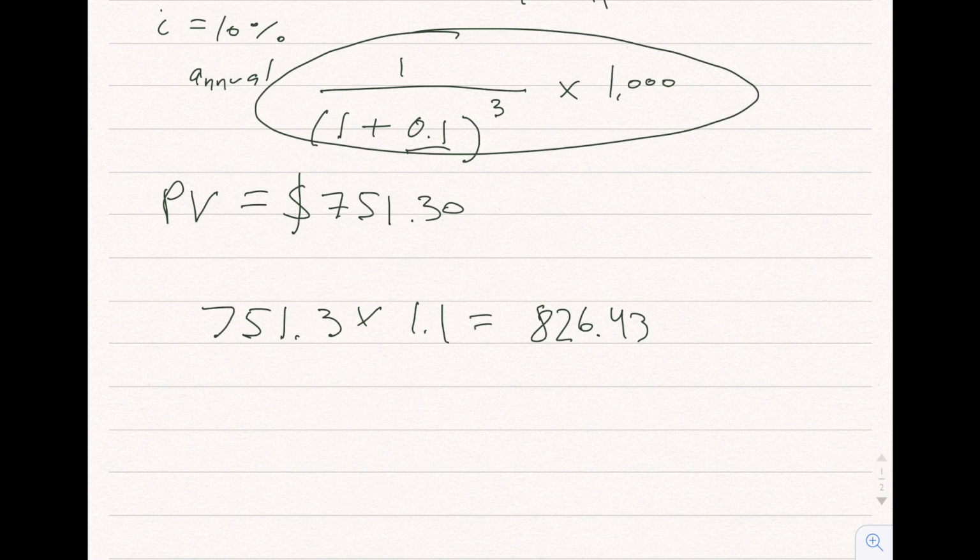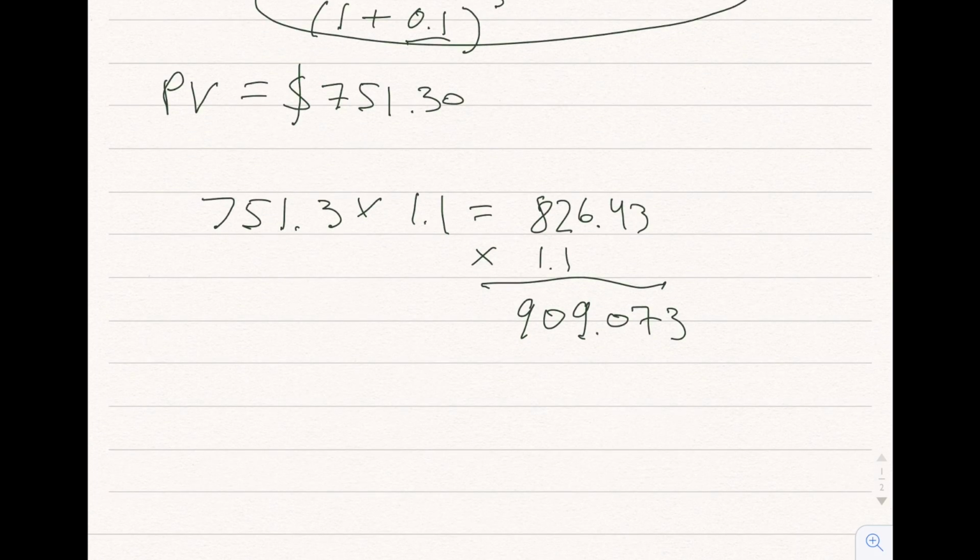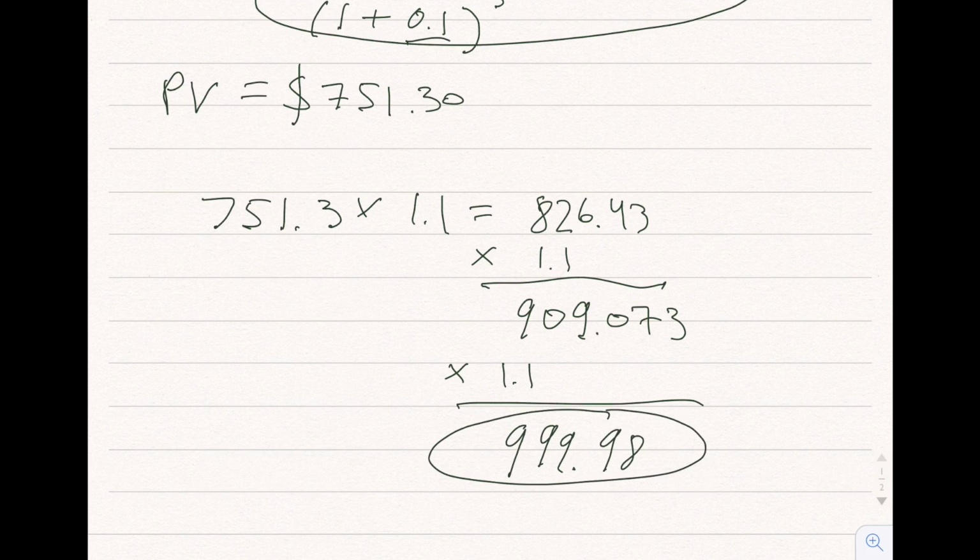So 1 year has gone by. You do the same thing. Times 1.1, 909.073. 2 years have gone by. And now it's the end of 2021. 3 years have gone by. And you have $999.98. So some rounding error there.